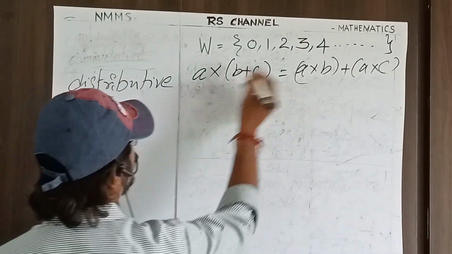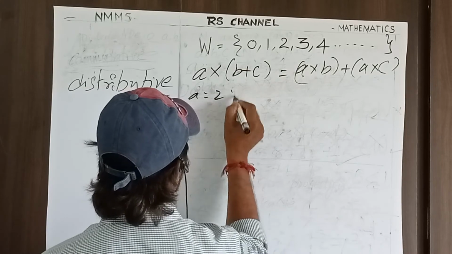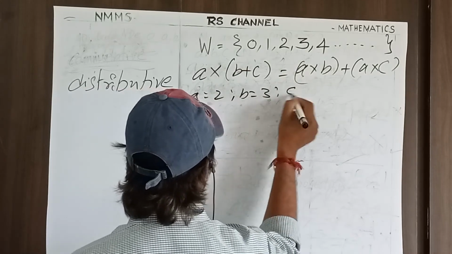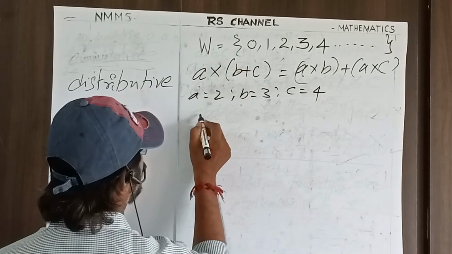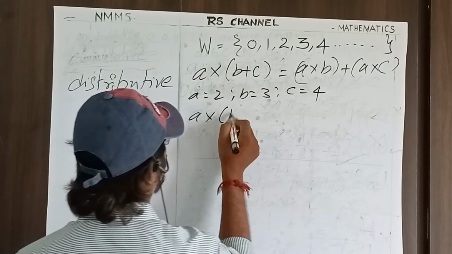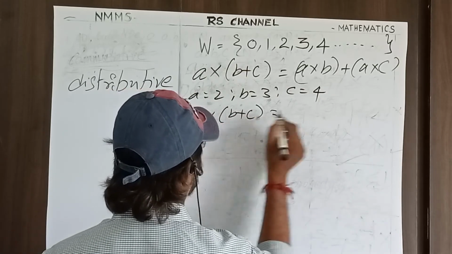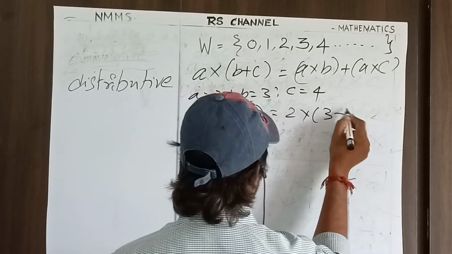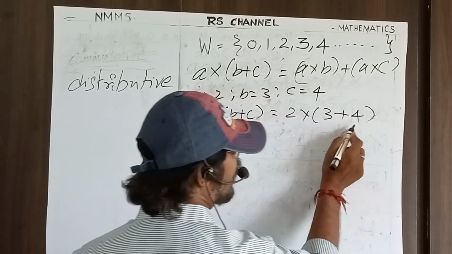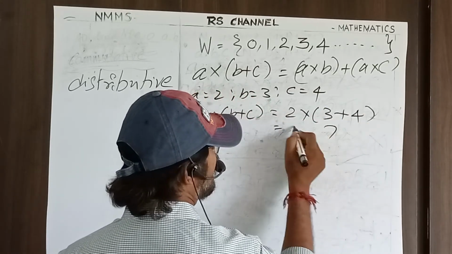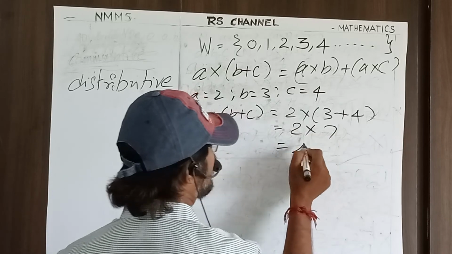Now take it, say A is equal to 2, B is equal to 3, C is equal to 4. So A into B plus C: 2 into 3 plus 4, 3 plus 4 is 7, 2 into 7 is 14.